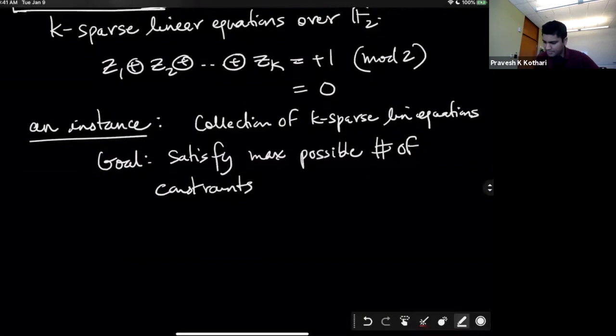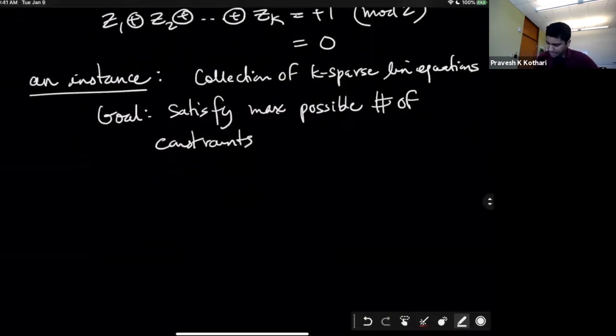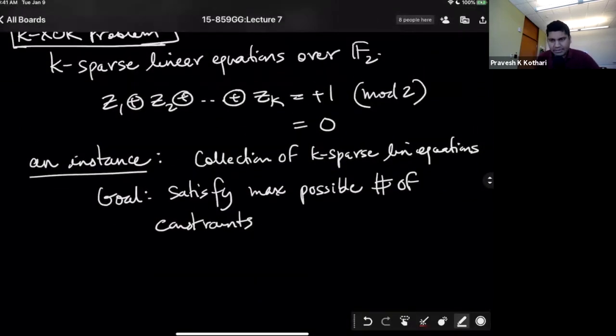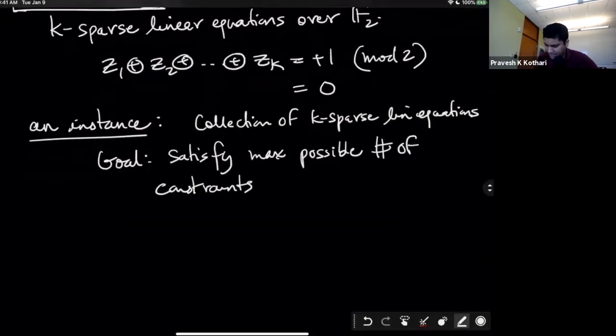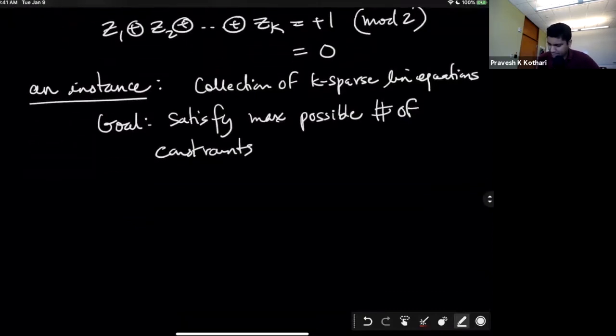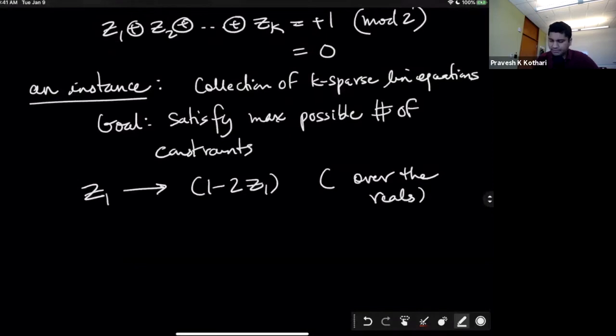Okay, good. So the zi's take values in 0, 1. How do you go to +-1? Not that complicated. We just take z1 and map it, a linear map, z1 goes to 1 minus 2 z1. And now I'm suddenly going to look at zi's over the reals. So this map is working over the reals.